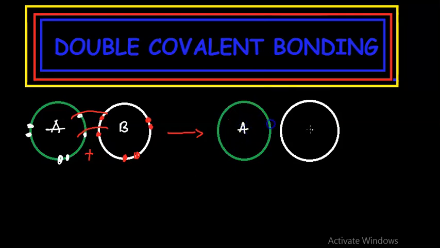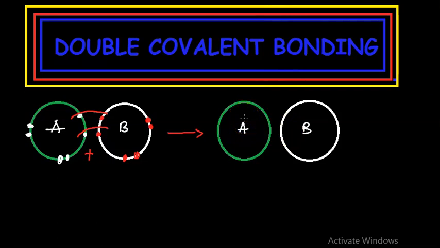Atom A is still going to have 6 and atom B is still going to have 6. But when considering the double covalent bonding, the two are going to connect at this point by sharing 2 pairs of valence electrons each.